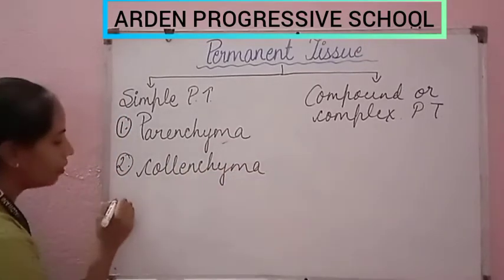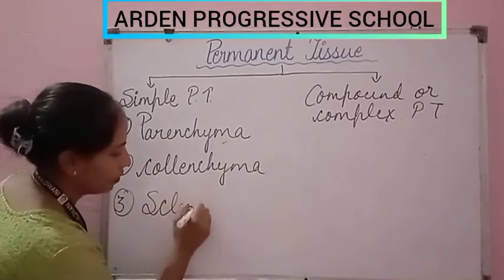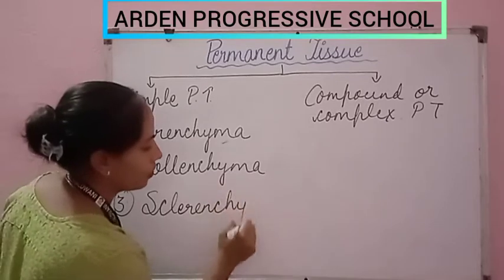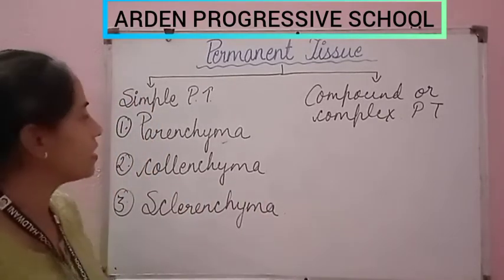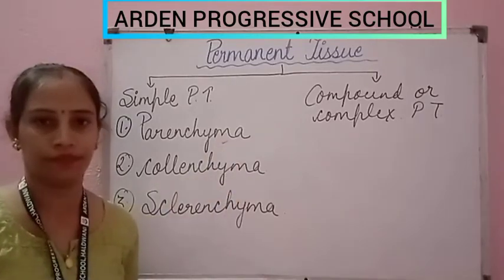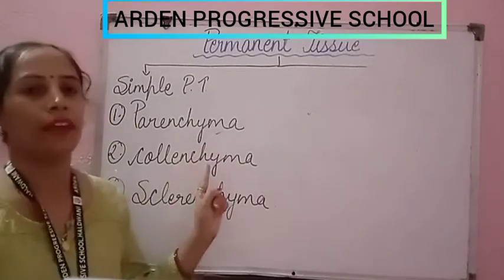And the third one is sclerenchyma. Now we discuss these three one by one.